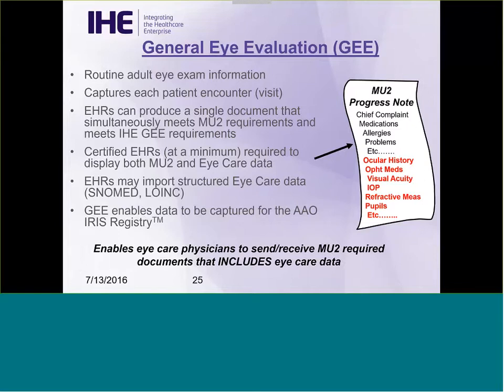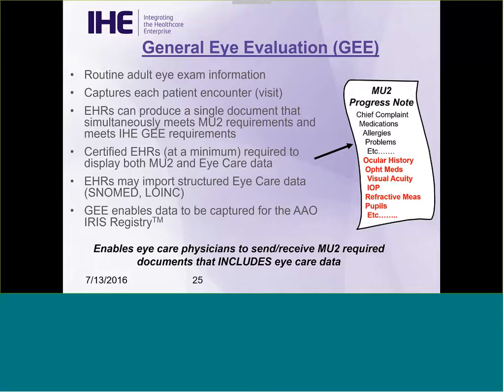Now we can exchange that between eye care type EHRs, which can read our data, but you can also exchange this to a system that doesn't. Because one of the requirements of the MU2 capabilities is that if I'm a system that receives this data, I could ignore the stuff I don't know. So an EHR that doesn't understand the eye care specific data would receive this information also. And of course, they're supposed to be able to display it. So at least you can incorporate that type of stuff.